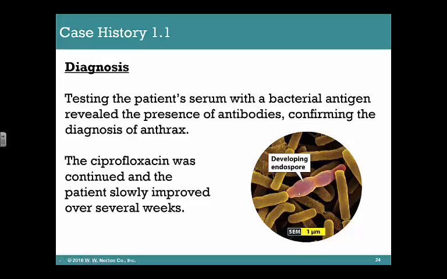So the spores are in the red here, or the pink, and the normally growing, multiplying bacteria are in this kind of yellow-gold color. And we'll talk more about that when we talk about the structure of bacteria and the various forms of bacteria.